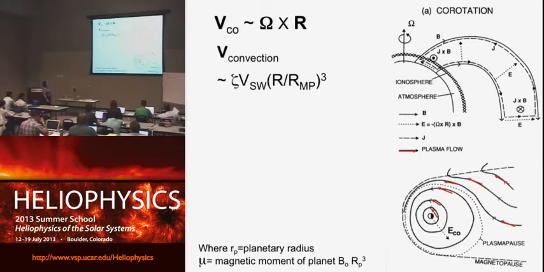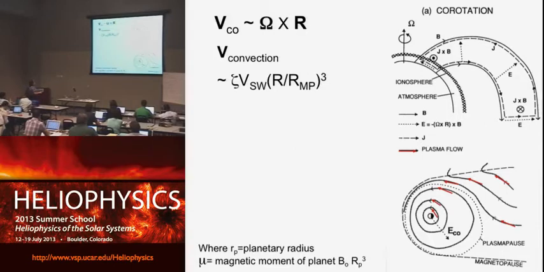And you can then compare that with this convective solar wind-driven convection system that is driven by some reconnection efficiency squiggle. I always forget which squiggle that is. Which squiggle is that? So, zeta? Okay, thank you.